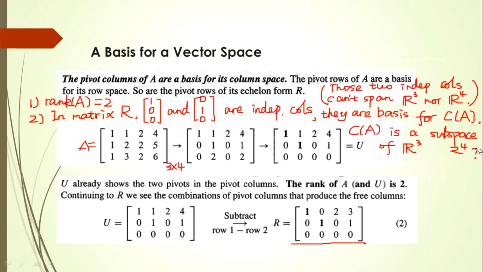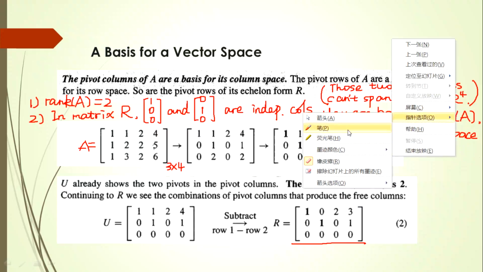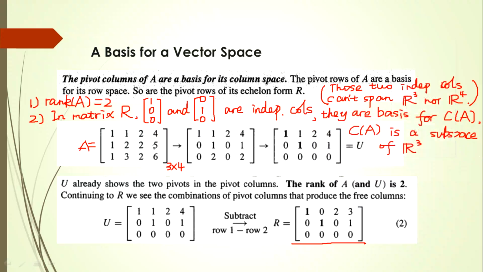Are you clear? Don't be confused, because here A is a rectangular one. It's 3 by 4. Then the dimension of the column space is 2, equal to the rank.